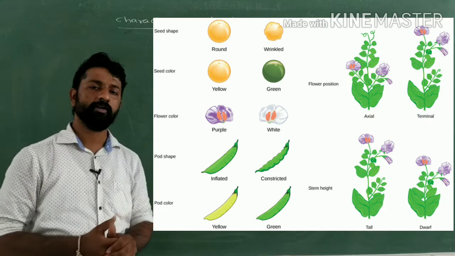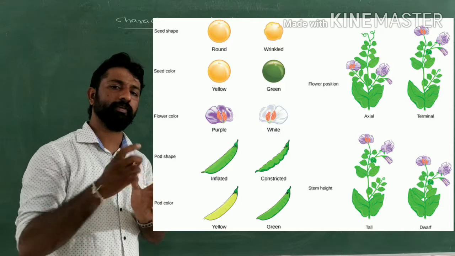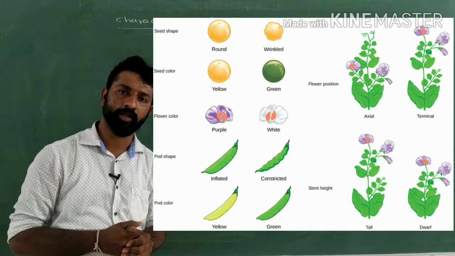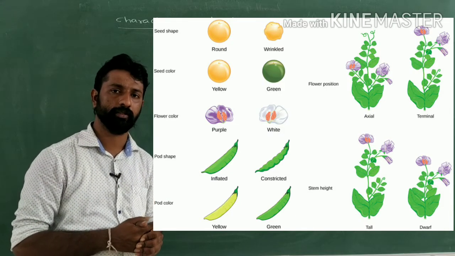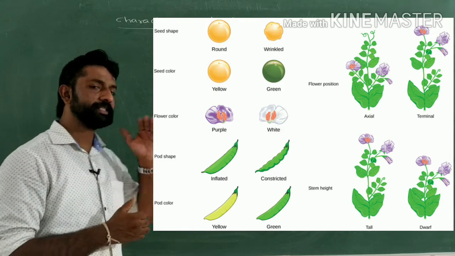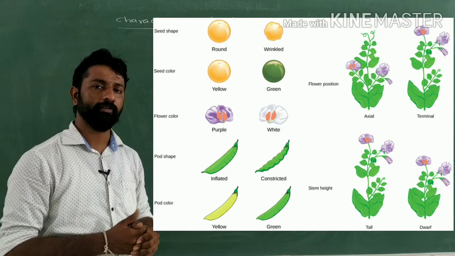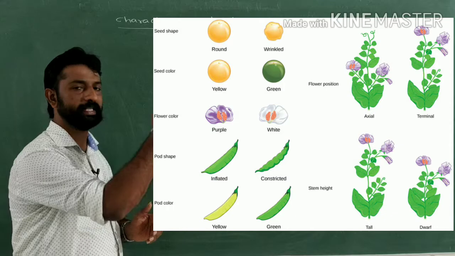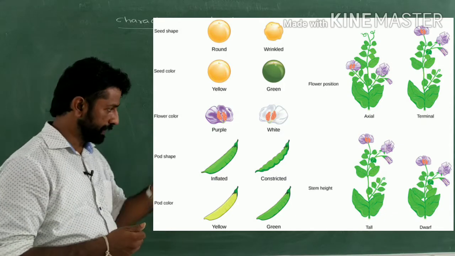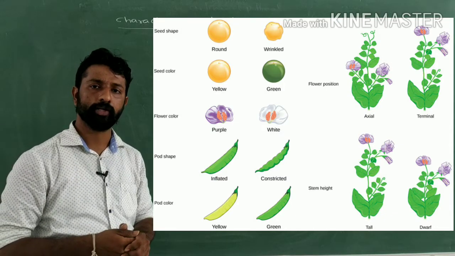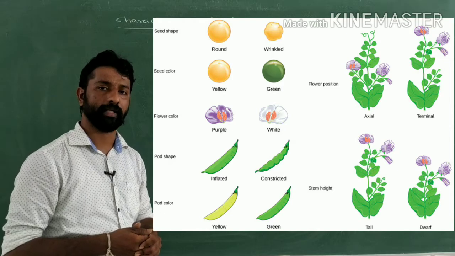Next is flower position. Where the flowers will be produced in that plant? What is their position in that plant? So here the axial position, if the flowers are produced at the axial points of the plants as shown in the diagram, it is a dominant trait of that character.